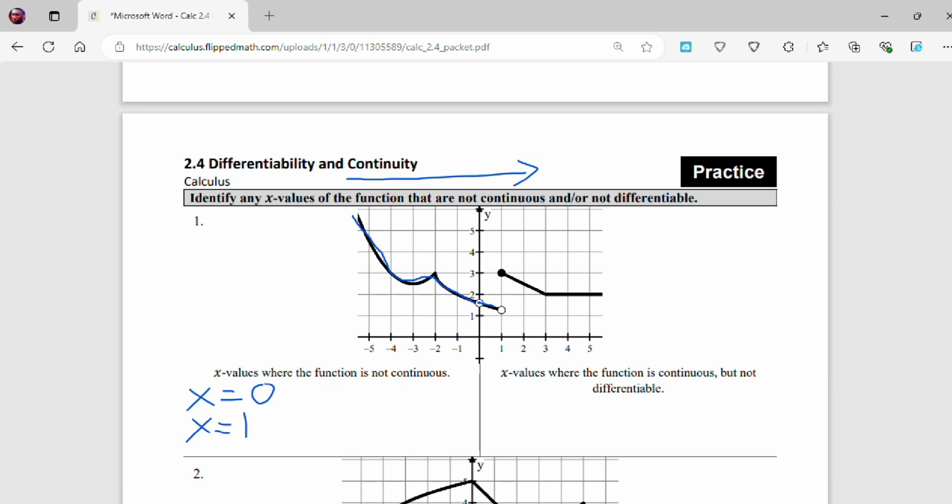And at x equals 1, since we do have a function value, and we have a different left-hand limit and a right-hand limit, it's going to be a jump discontinuity. So, hole and jump. Now, it doesn't tell us to label what type of discontinuities these are, but it's good to know, okay?